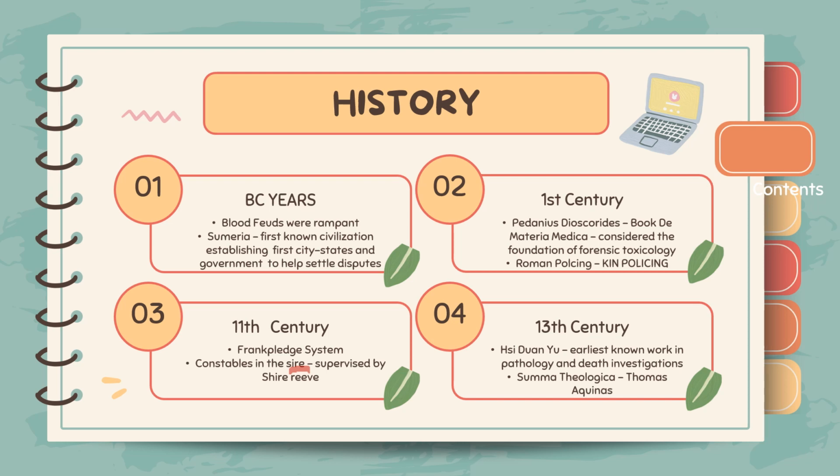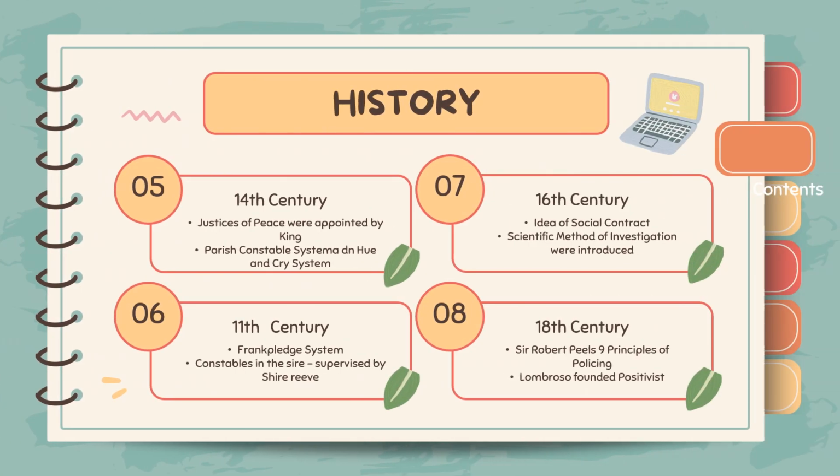Then we have the 14th century, wherein justices of peace were appointed by the king to provide support to constables and sheriffs. Here, justices could issue warrants and hold arraignment hearings, and they could try cases that involve minor crimes.